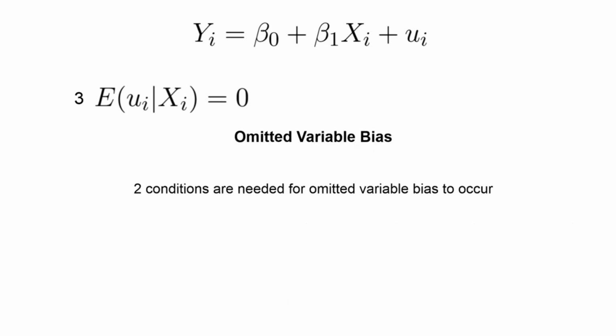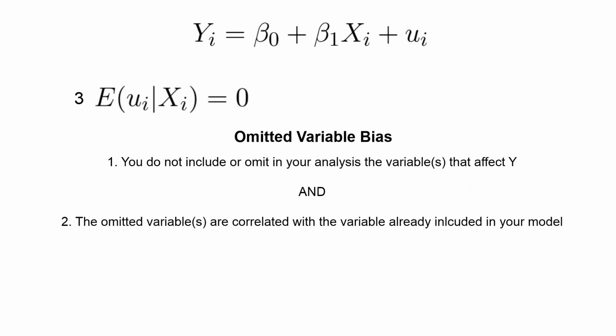Well, there are two conditions that are needed for omitted variable bias to occur. The first condition is that you do not include, or you omit, in your analysis the variable or variables that affect the y variable. And the second condition is that the omitted variable or omitted variables are correlated with the variable already included in your model. So these are the two conditions needed for omitted variable bias to occur.